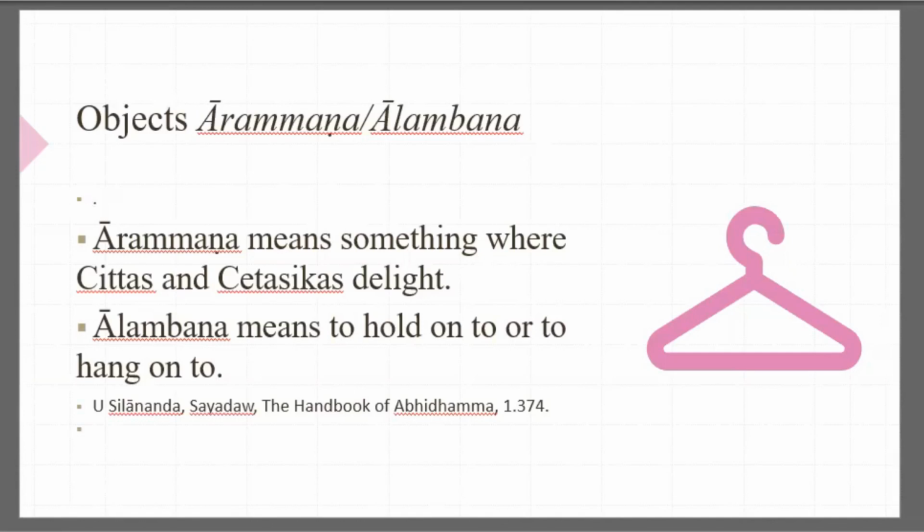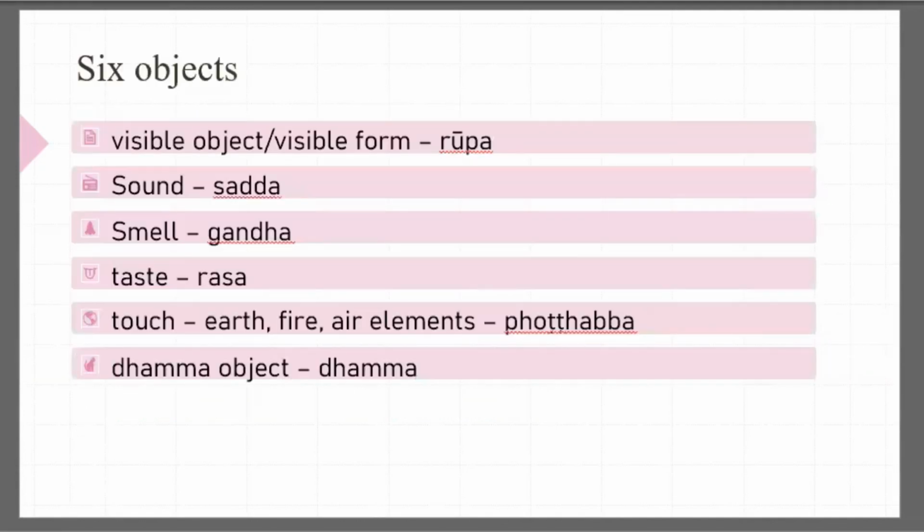Now let's pay attention. What are the objects? Usually there are 6 objects explained in the Buddhist teaching. What are they? In Pali we call them Rūpa, Sadda, Gandha, Rasa, Phoṭṭhabba and Dhamma. These are very common teaching.